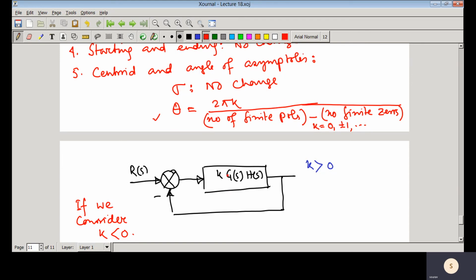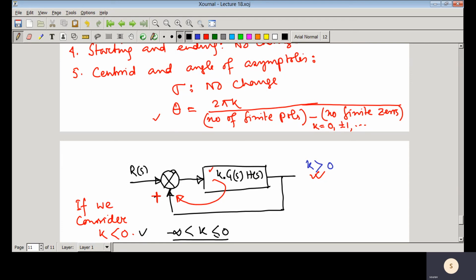So when k is negative, we can just put one negative sign here, and we can say that okay, k would be positive. If we bring this negative sign here, it would be plus positive. And then what happens if we consider the root locus when k is negative, varying from minus infinity to 0?